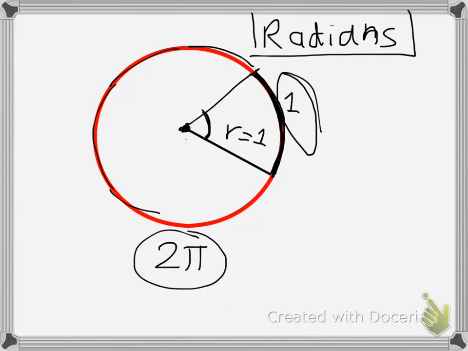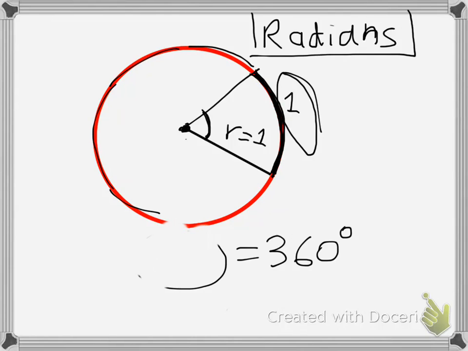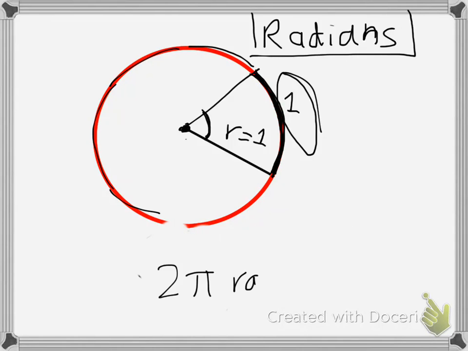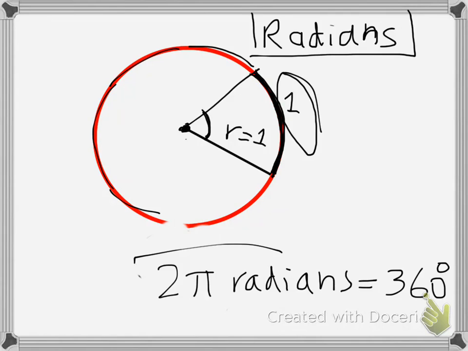So that's also 360 degrees. So we can say that 2 pi radians equals 360 degrees, because there's 360 degrees on the whole circumference of the circle, and there's 2 pi radians along the whole circumference of the circle.